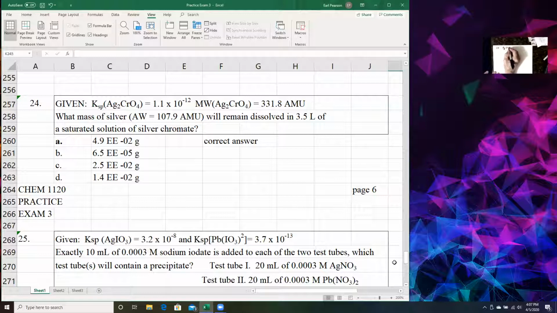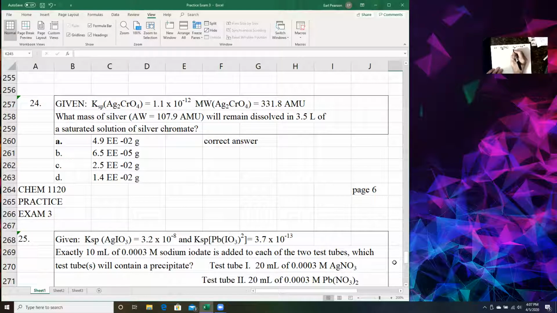Chromate is CrO4 2 minus. So that means silver is always +1. So it's Ag2CrO4 is my formula. The KSP is given at 1.1 times 10⁻12.